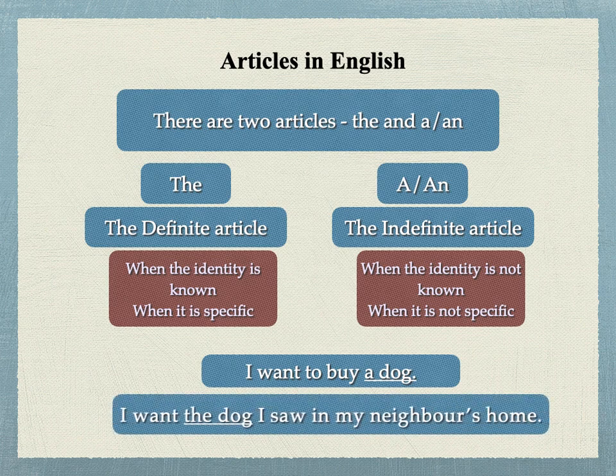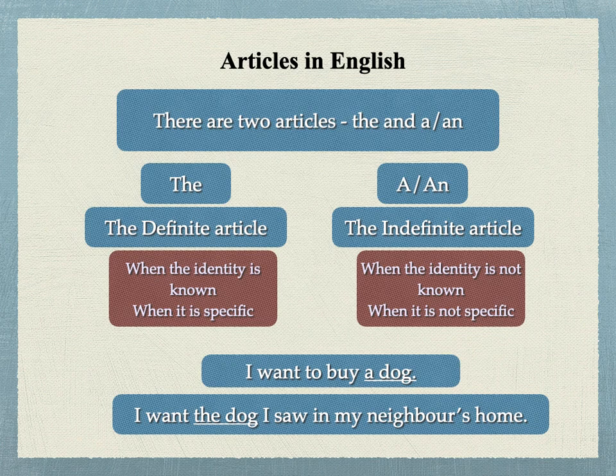But look at the second sentence. I want the dog I saw in my neighbor's home. In the second sentence, the is used because it is specifically mentioned, because you can't just accept any dog. You are very particular that you want the dog which you have seen at your neighbor's home.